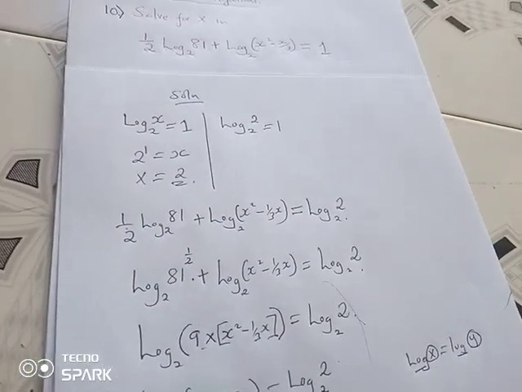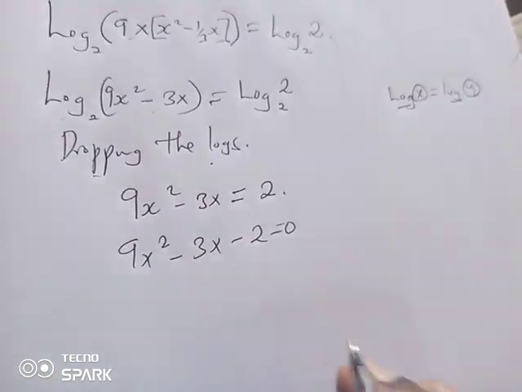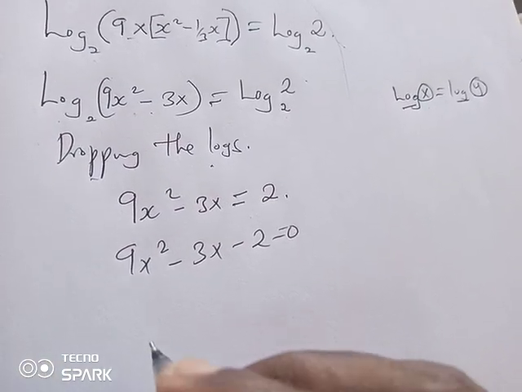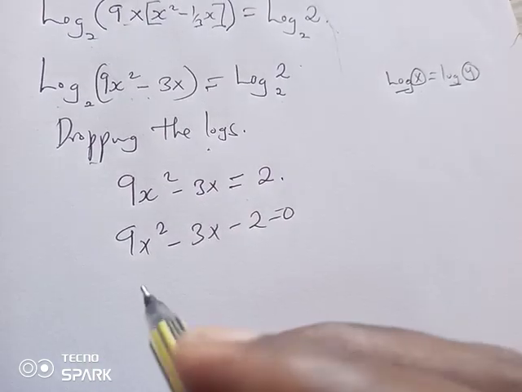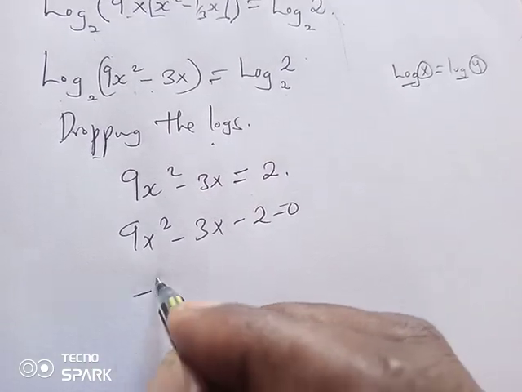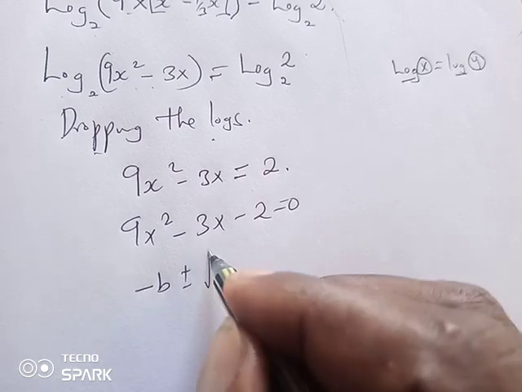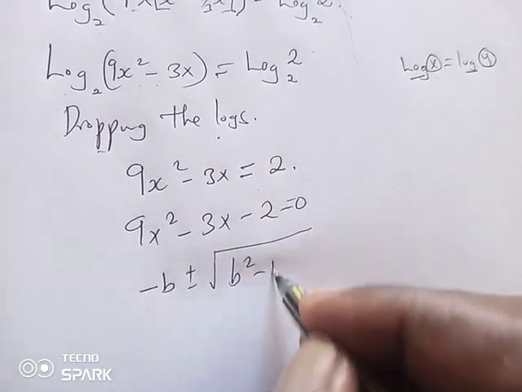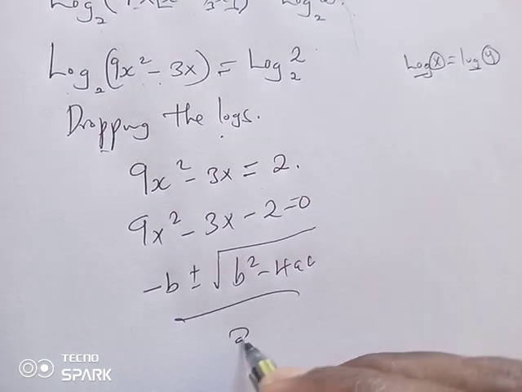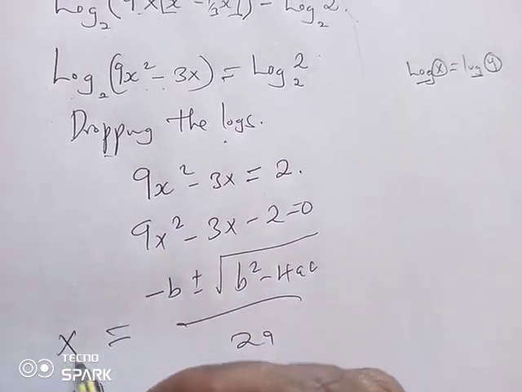So what do we have therefore? We can solve by any method, and we'll choose the quadratic formula, that is minus b plus or minus the square root of b squared minus 4ac all over 2a, to give us the value of x.